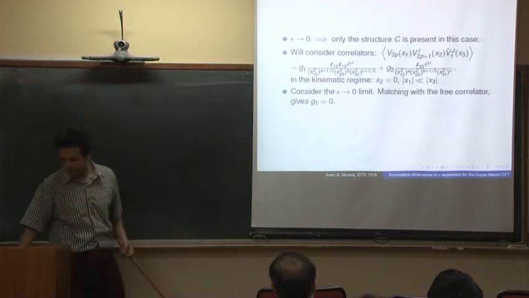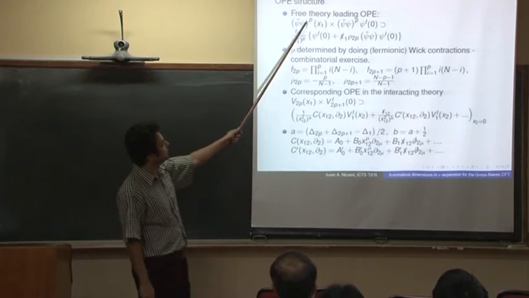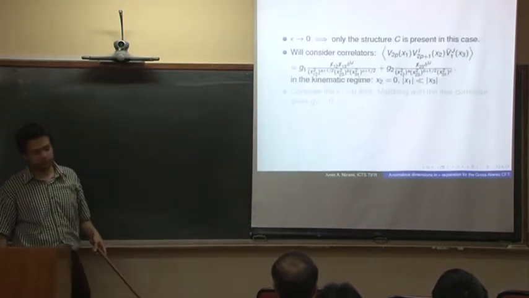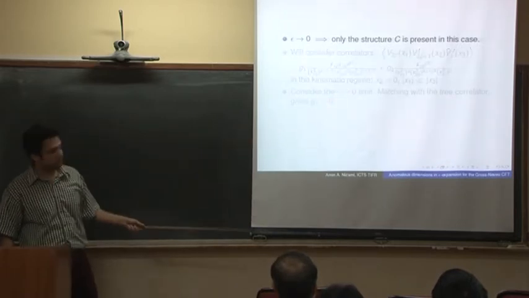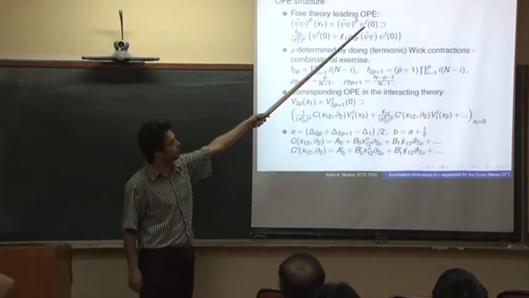This follows if you just look at this OP here. You want to consider this 3-point function in the free case, so you add a fermion in this equation here, and take a 3-point function.